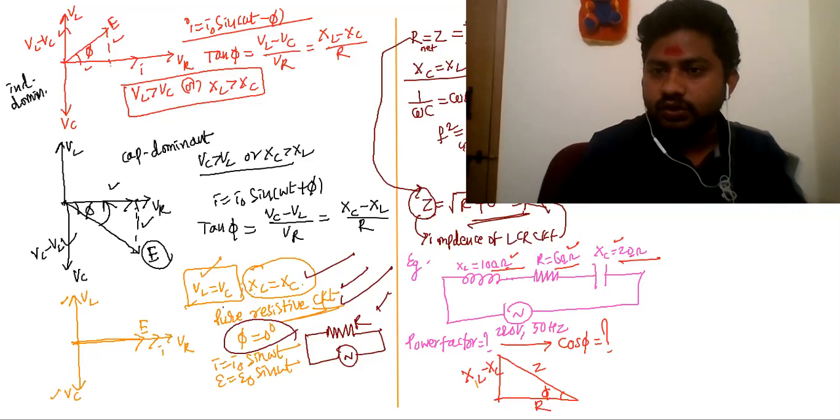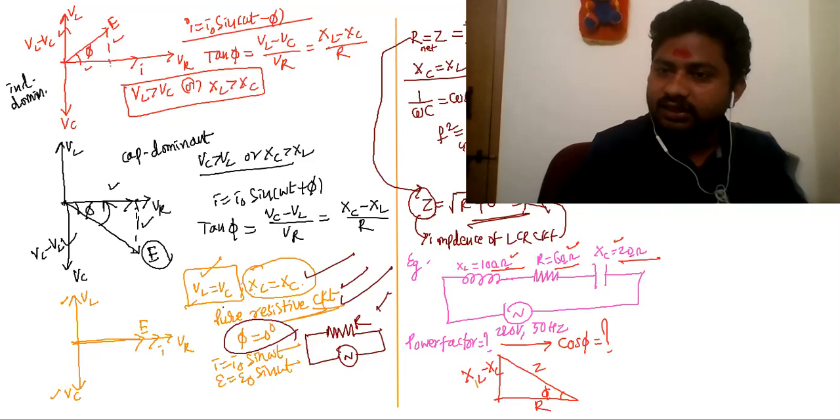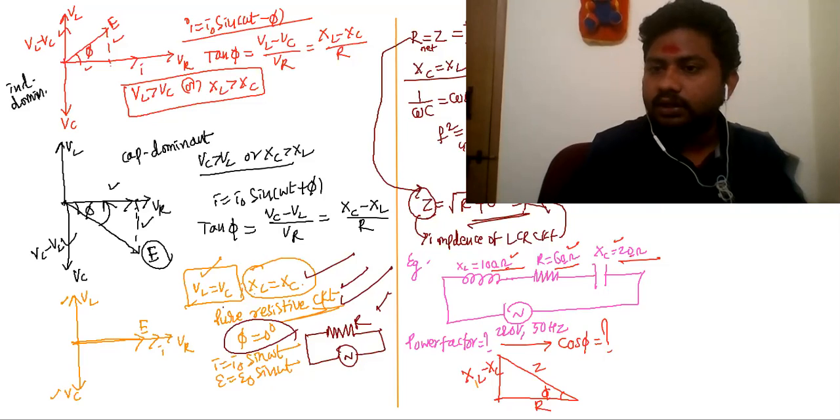So Z is equal to square root of 3600 plus 6400, which is root 10,000, equal to 100 ohm. Finally, power factor is cos phi, which is R by Z, 60 by 100. The zeros cancel, so the power factor is 3 by 5, my dear students.